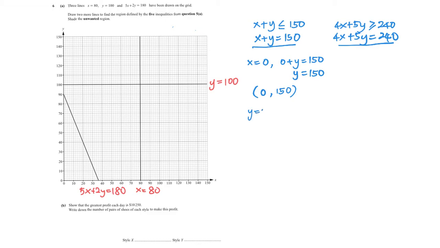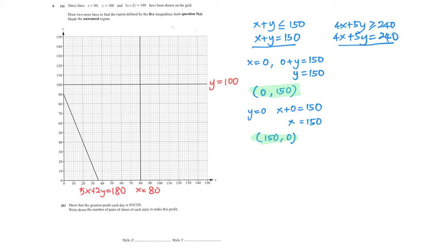If we put y equals 0, that will be x plus 0 equal 150, and that makes x equal 150. Coordinate wise, x first, that would be 150, 0. These two coordinates should be plotted on the graph, and we connect both.